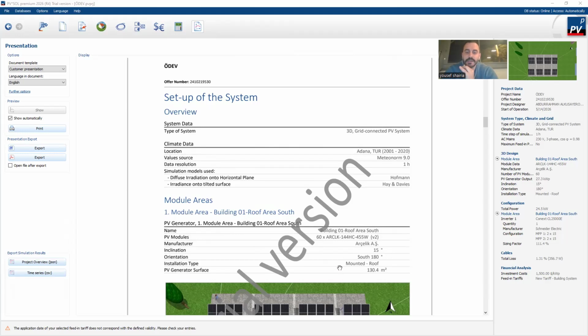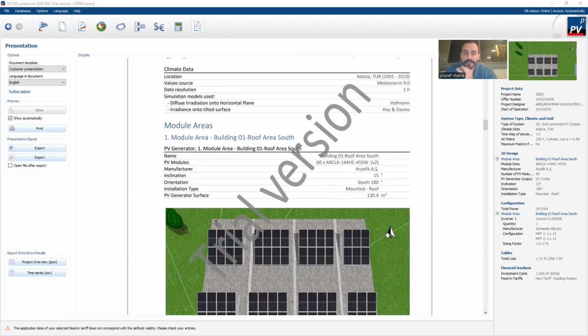Each panel has a rated power of 455 watts peak.